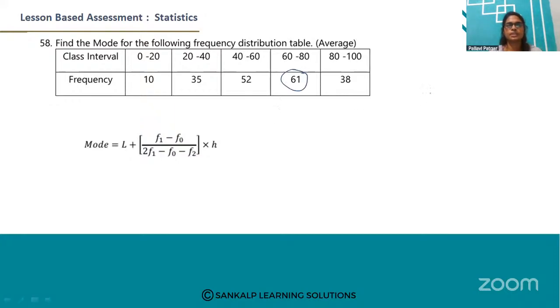The lower boundary L of the modal class is 60. The frequency of the class preceding the modal class, F0, is 52, F1 is 61, F2 is 38, and H is the width, which is 20.